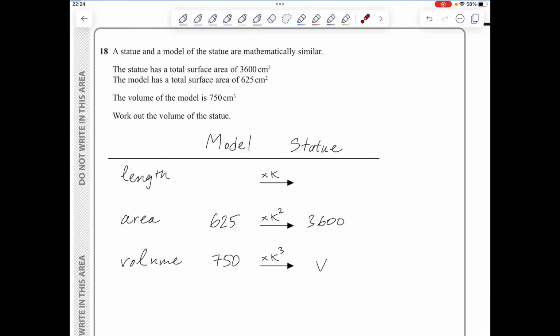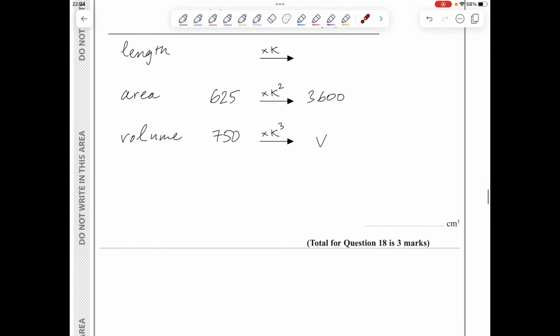Now I will use the fact that the model and the statue have specific areas. So let's use those areas to find k. So 625 times k squared will give me 3600. So k will be 3600 over 625, and then I'll take the square root of that.